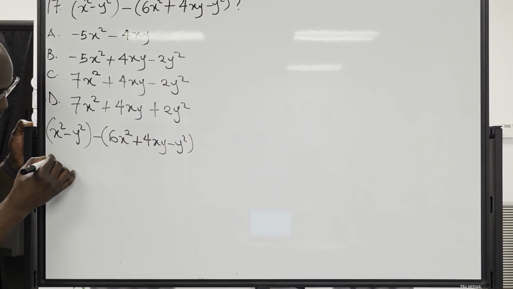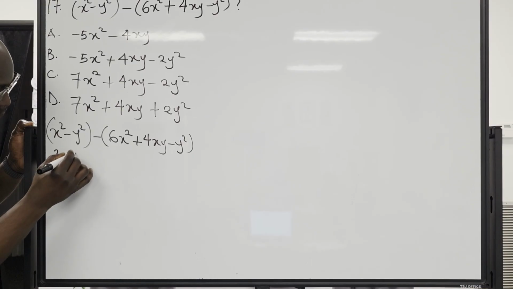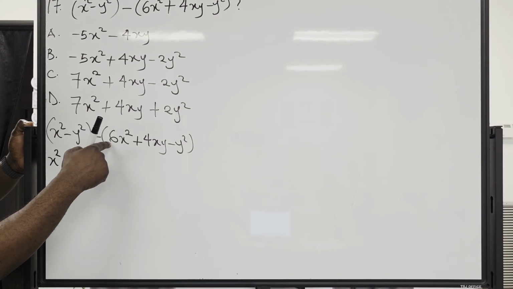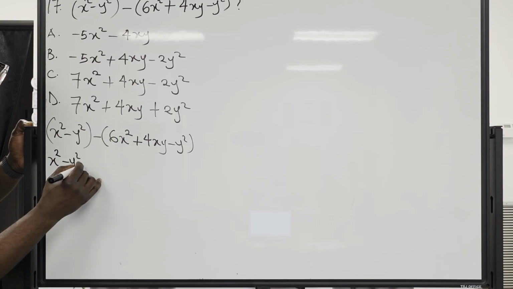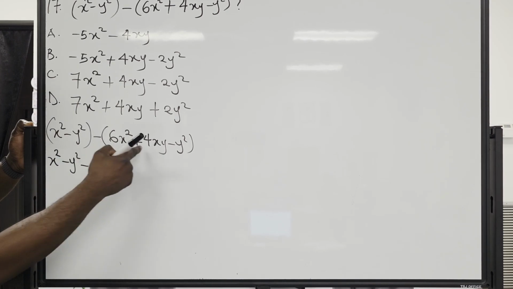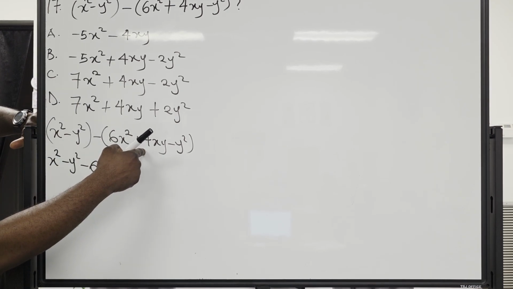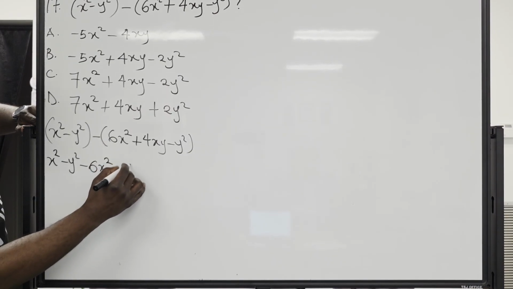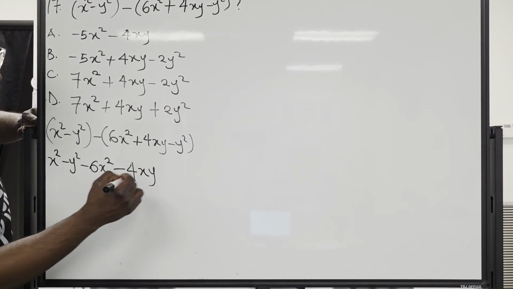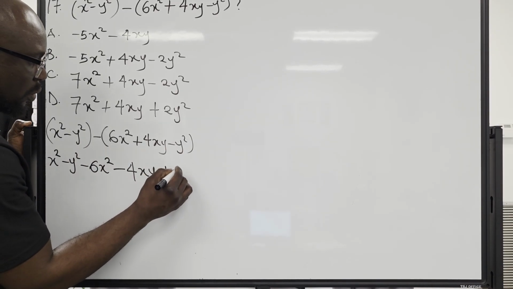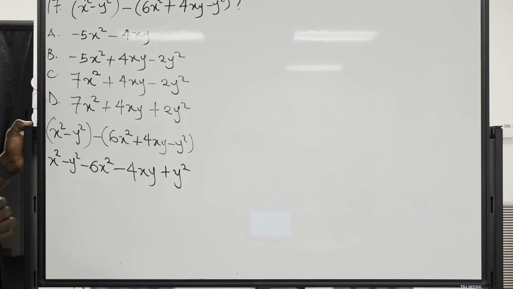So we have x squared minus y squared, minus 6x squared, minus 4xy, and then minus times minus y squared gives us plus y squared.